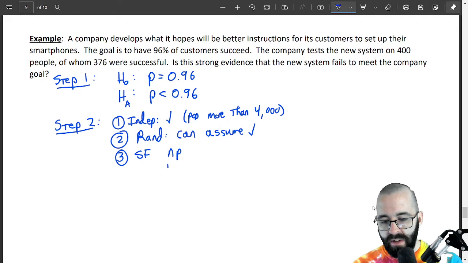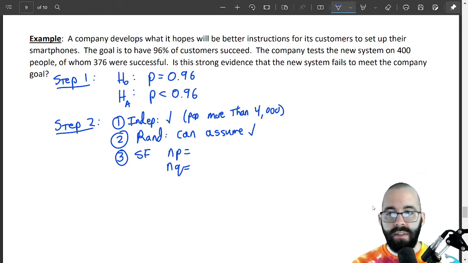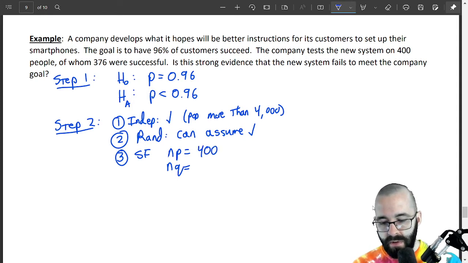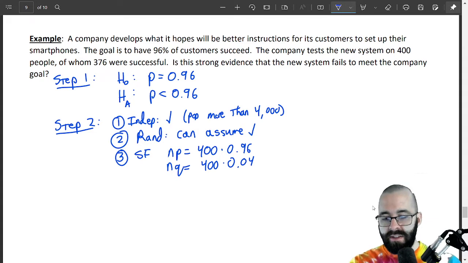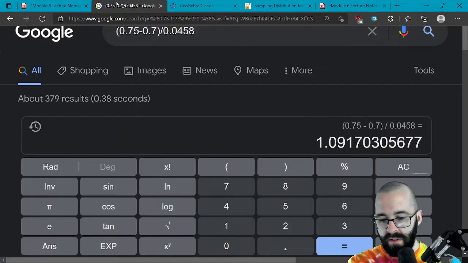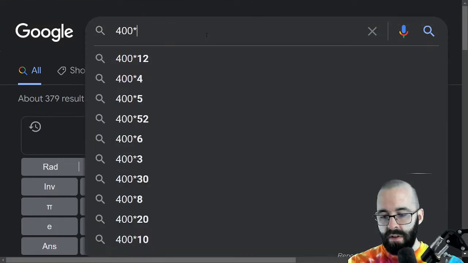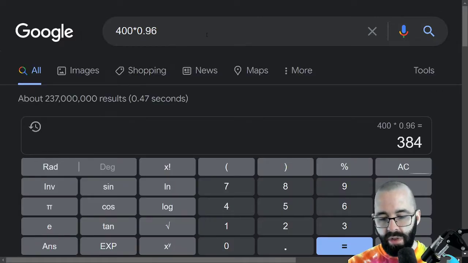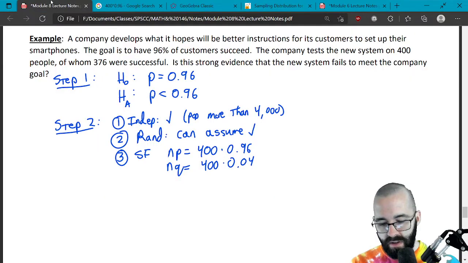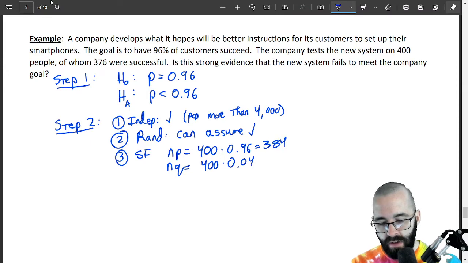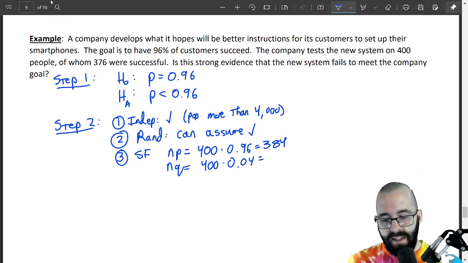What's n times p? What's n times q? Hopefully these should be at least 10. We're doing it on 400 people, so 400 times 0.96 and 400 times 0.04, using the assumed probabilities here. So 384 are expected to succeed, and 16 are expected to fail.